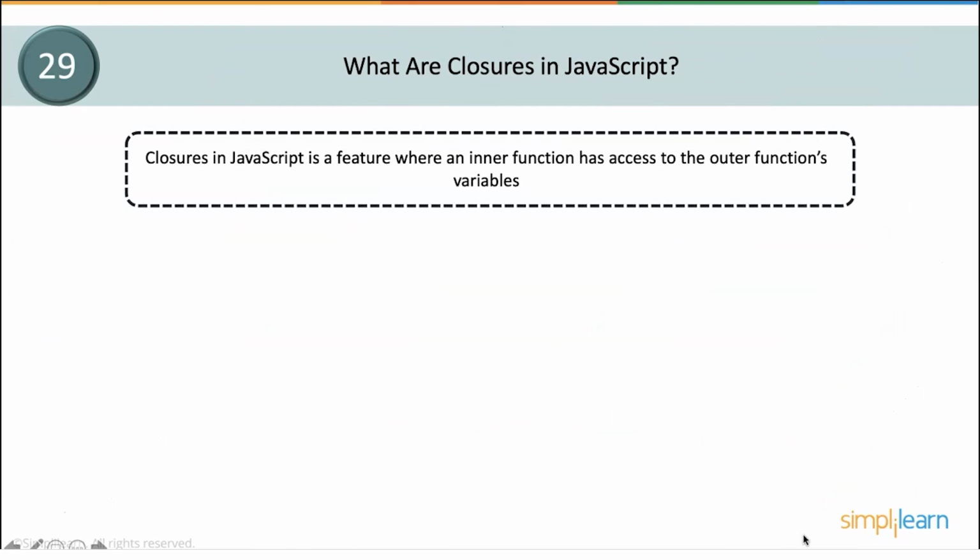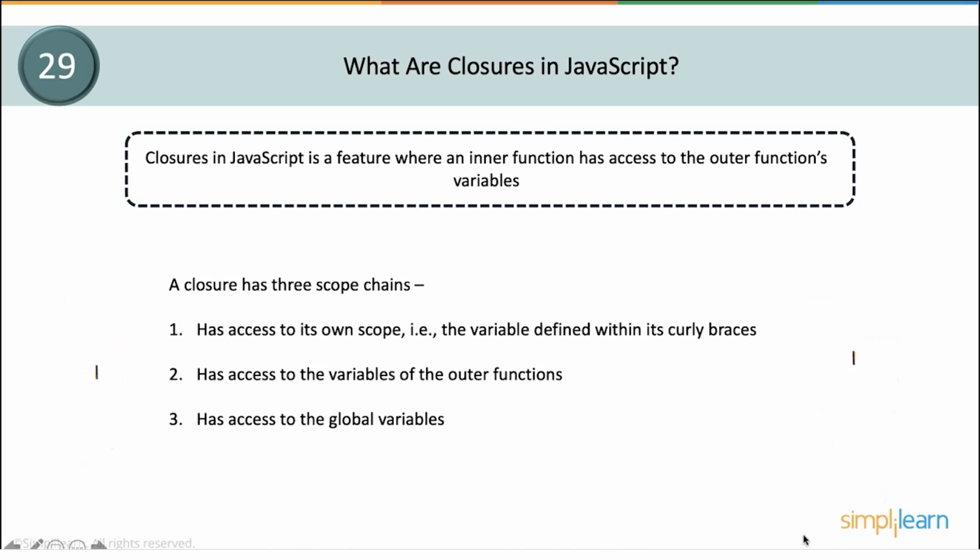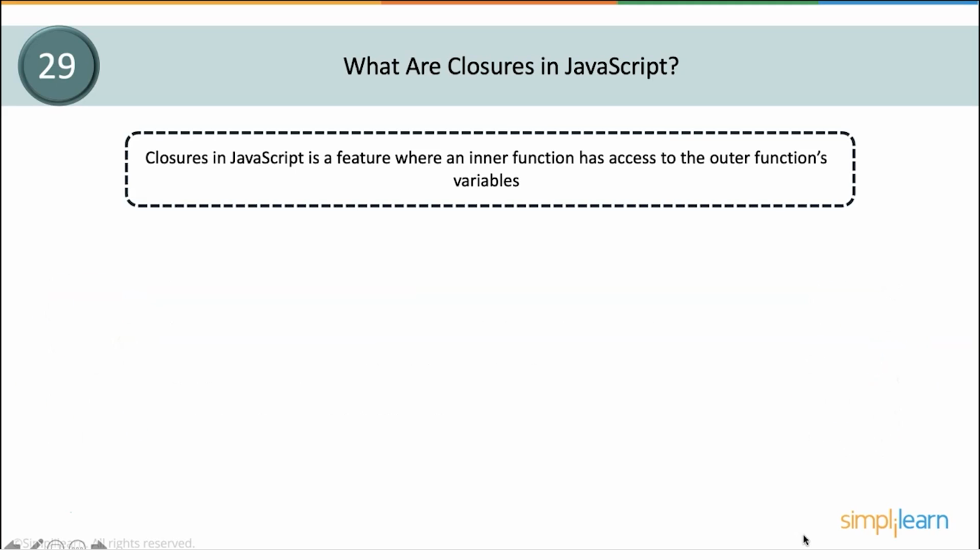Closure is a JavaScript feature where the inner function has access to the outer function's variables and properties. You can consider a closure as having three scope chains. Number one, it has access to its own scope that is defined within its curly braces. Second, it has access to the variables of the outer function, and also has access to the global variables.